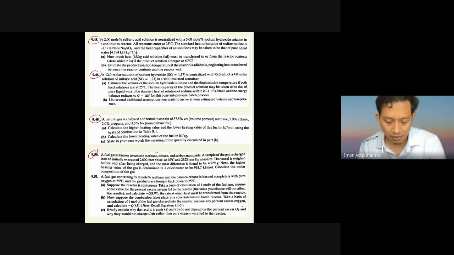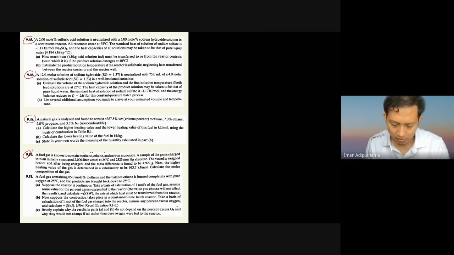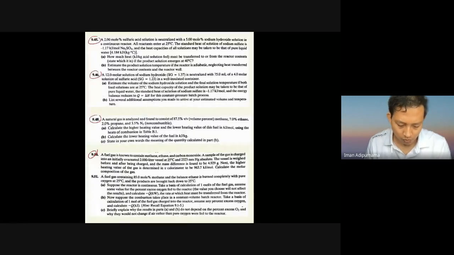Okay, so you will need to find the final temperature. First, we can draw the chart or the diagram.